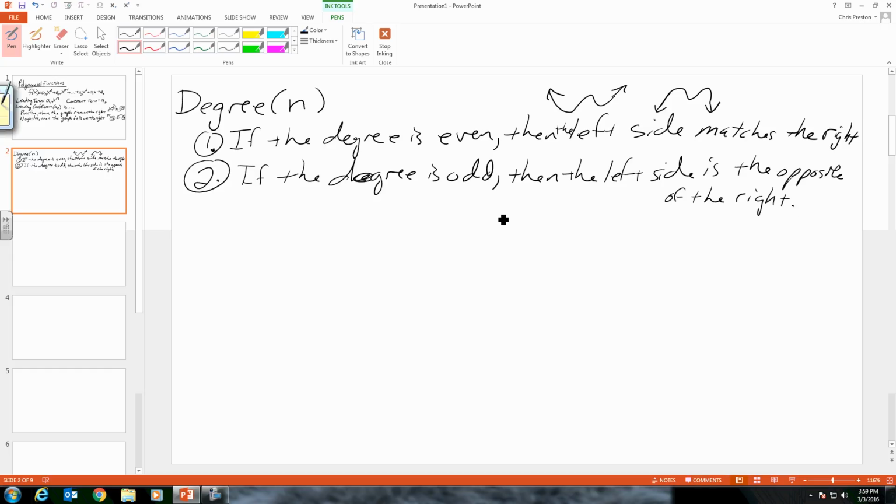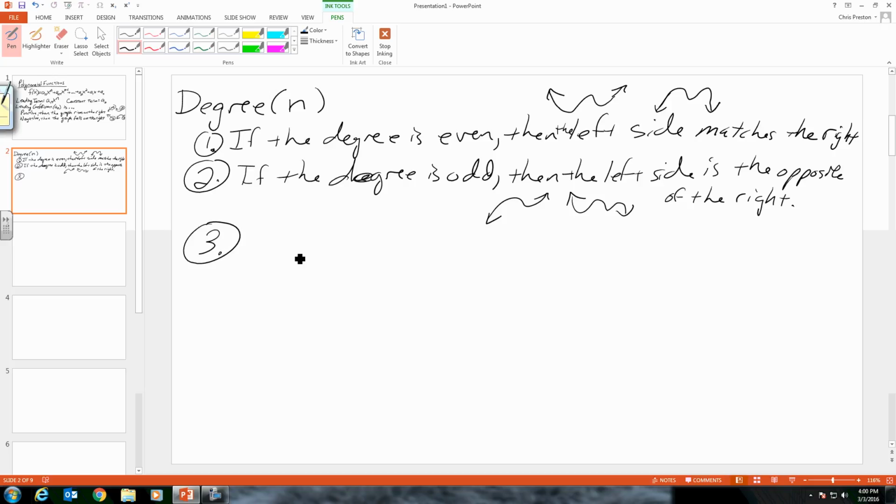Okay, so you get something that looks like this, up on the right, down on the left, or something that looks like this, down on the right, up on the left. Those would be odd degrees. So that's something they tell you.